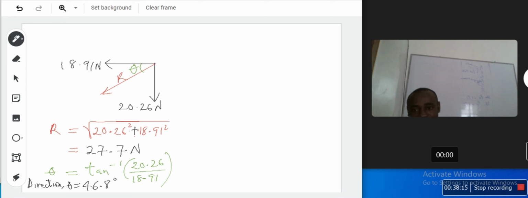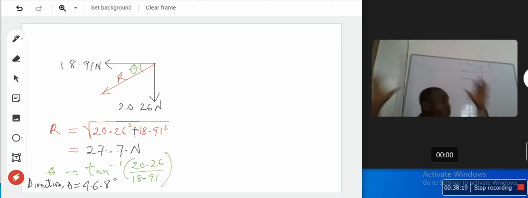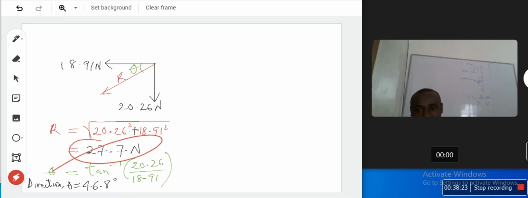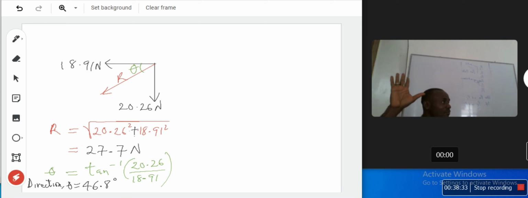I want to tell you what I wanted to say, but I had to pause. The implication of this is this. Now, listen very attentively. All these forces, there were 4 of them. One given force can be used to represent all of them, which is what? 27.7 Newton. That's the resultant. That's the effective force of all those system of forces acting at this angle, 46.8.